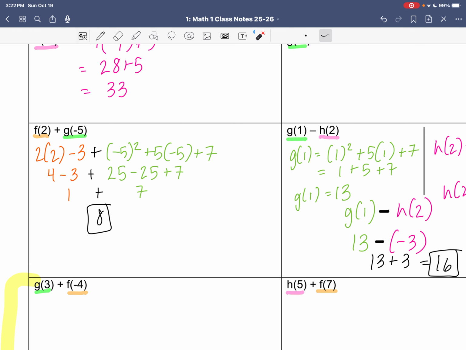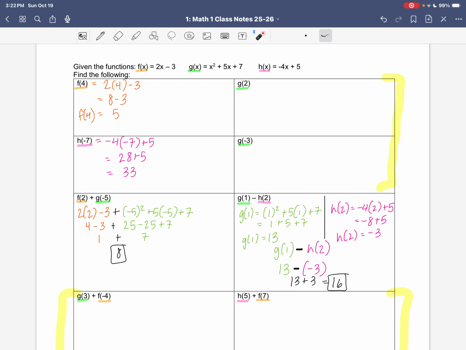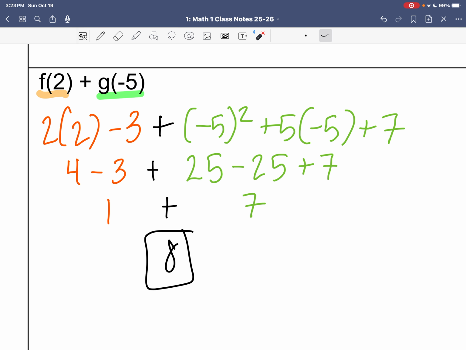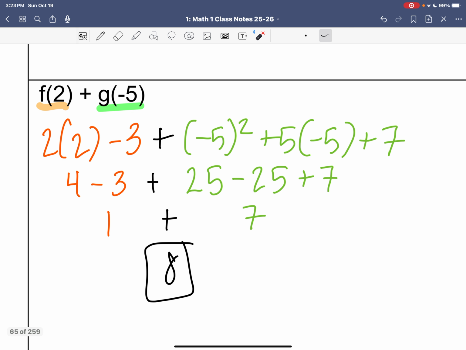And now it's going to get a little tricky because if you notice, we have f of 2 plus g of -5. So we're going to have to use this one and this one. There are 2 different ways to do it. I'll show you one way here. One way is just to find f of 2. So we said f of x was 2x minus 3. So we're substituting in 2 and we're going to get 1.